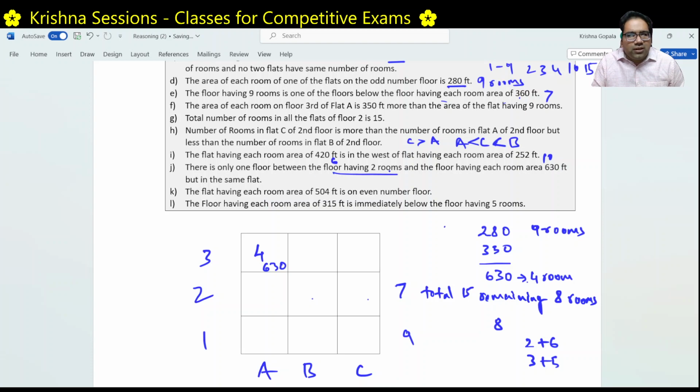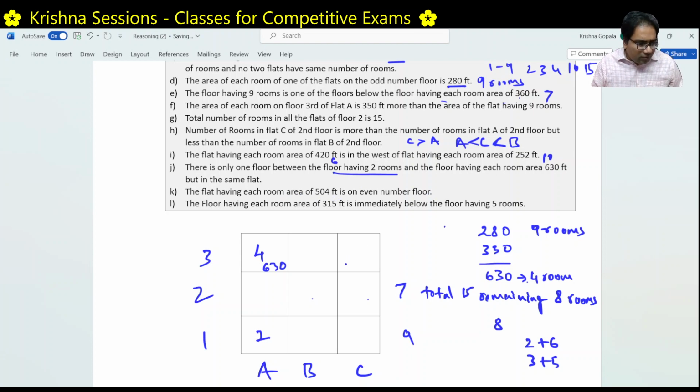One floor between the floor having two rooms. Two rooms. That means the two rooms floor is definitely first floor, and the floor having each room area 630 square feet, but in the same flat. So that means this becomes two. This becomes two.